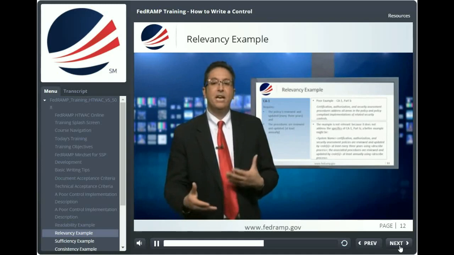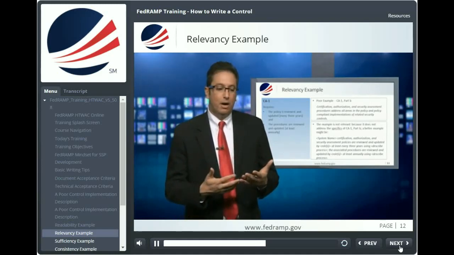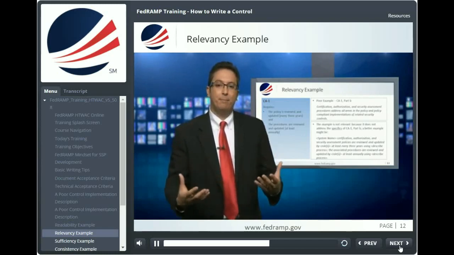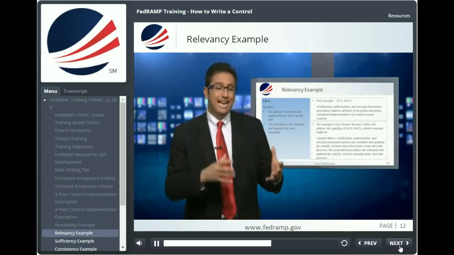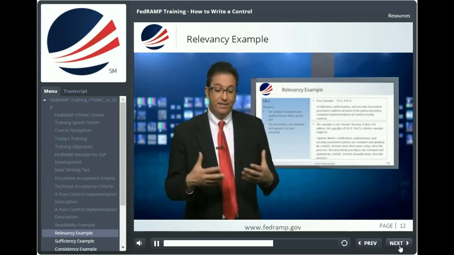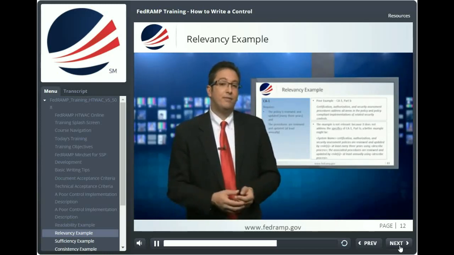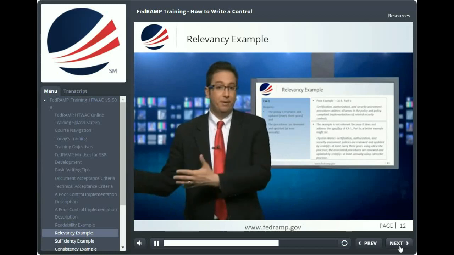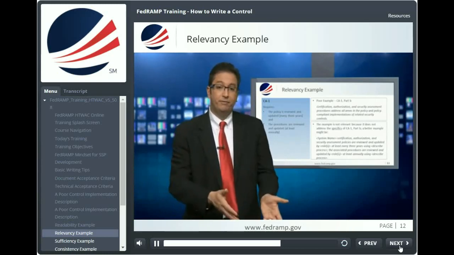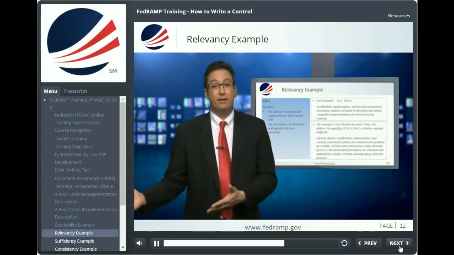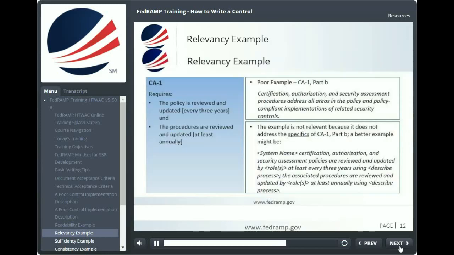Obviously, with the specifics, it would be a lot easier to digest, but we gave you here an example to help show exactly what we're looking for. If it says what we just talked about a second ago, you really shouldn't have a problem writing implementation statements for the -1 controls, the policies and procedures, and really everything that follows thereafter.